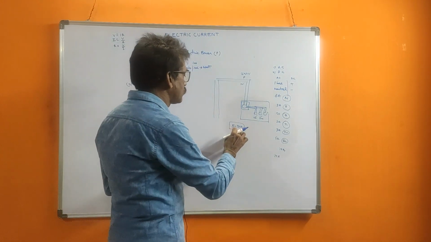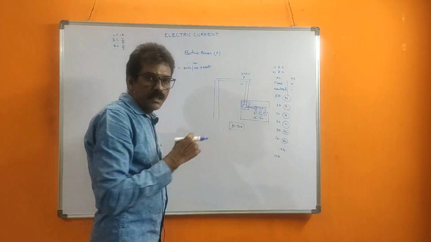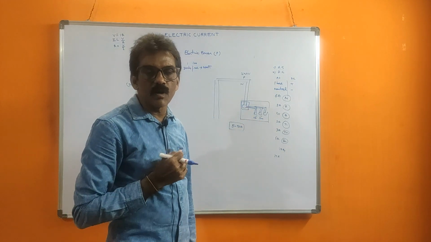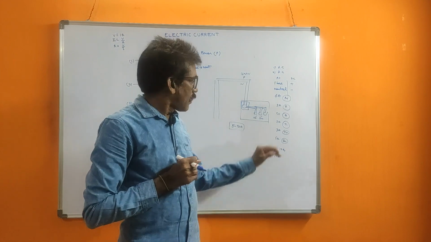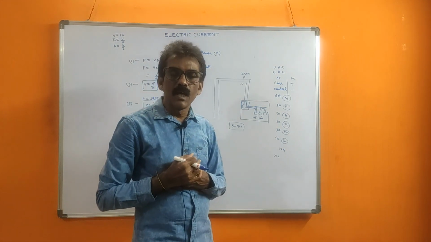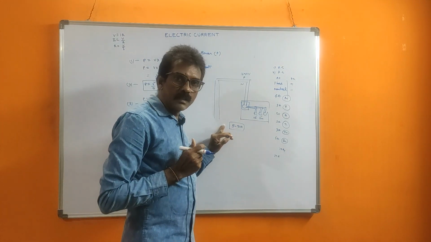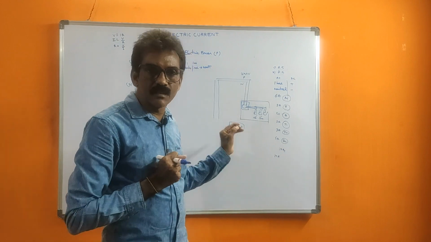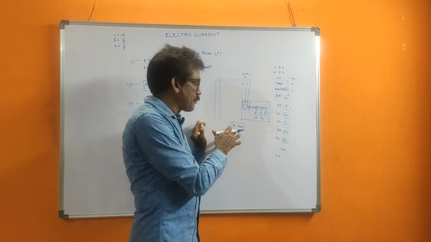In that situation, it cannot withstand. Due to overheating, all the equipment will blast, the wires, everything will blast, sparks will come, damage, some accident will occur. So our appliances also will be damaged. That is called overloading. Overloading means the excess current is drawn over the normal amperage rating.